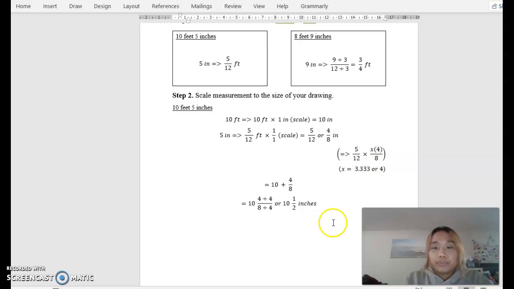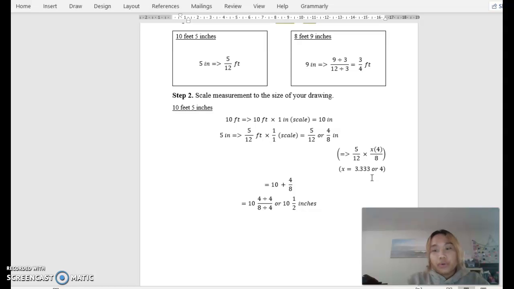As I mentioned before, we can only draw 1/2, 1/4, 1/8, 1/16, and 1/32 of an inch. So 5/12 is between 1/8 and 1/16, and now we have to consider 1/8 because it's closer to 5/12.